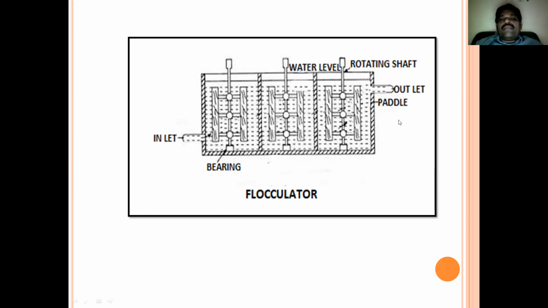Likewise, after a period of time, the floc will be formed on the surface of the water body. The floc will be removed by mechanical scrapers, and the water will be sent to the outlet.